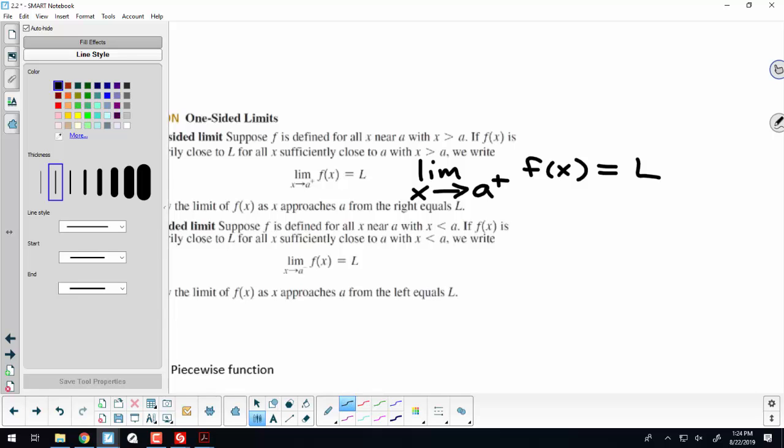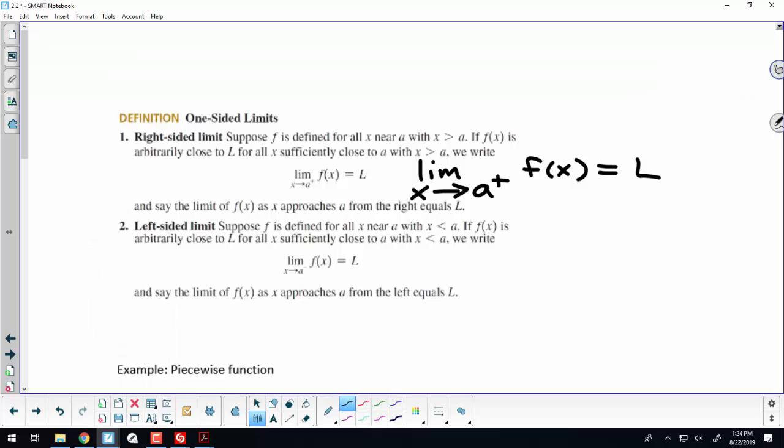That simply gives us context as to which direction. If no direction is specified with a superscript, then it's a two-sided limit. This one here, if you can't see, is the limit as x approaches a, and the superscript here is a minus, of f of x equals L.